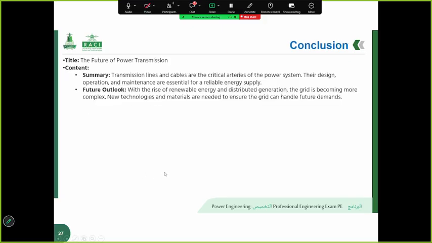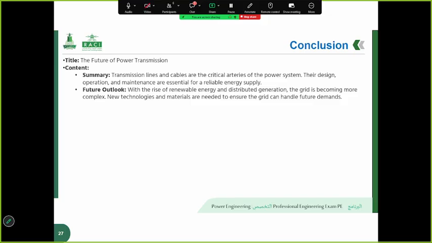Okay, this concluding slide summarizes the key takeaways from the presentation and looks ahead to the future of the power grid. It is an opportunity to reinforce the main points and highlight the ongoing challenges and innovations in the field of power transmission. The critical role of transmission: throughout this presentation, we have explored the essential components of the power grid, transmission lines and cables.